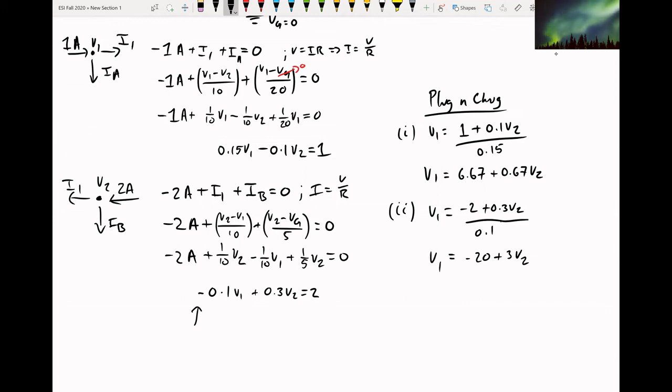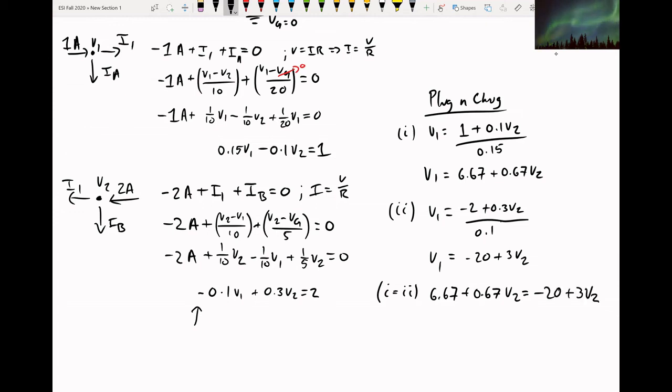So if we set the first equation equal to the second equation, we will get 6.67 plus 0.67 V of 2 equal to negative 20 plus 3 V of 2.